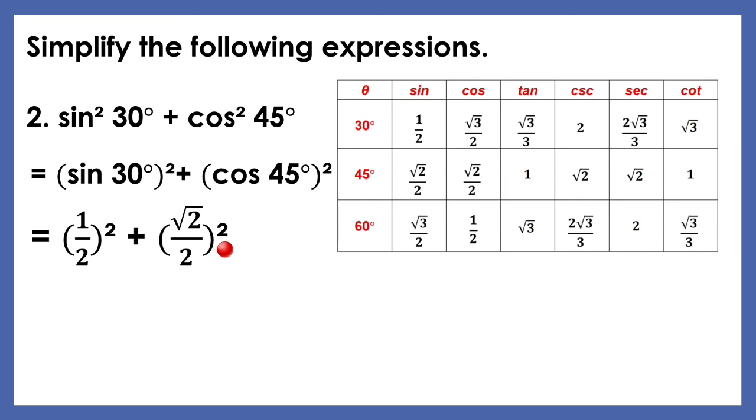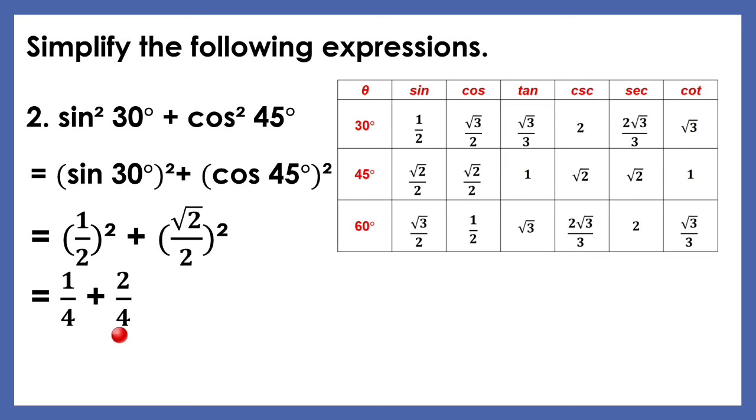Then, perform the operation. Bago yon, kunin muna natin yung square ng 1/2. 1/2 times 1/2 is 1/4. Plus, square ng square root of 2 over 2. Square root of 2 squared or square root of 2 times square root of 2 is square root of 4 or 2. Then, square din natin yung 2. 2 squared, 2 times 2 is 4.